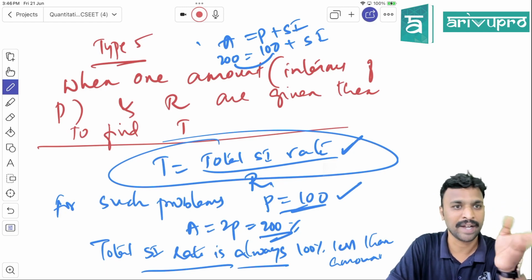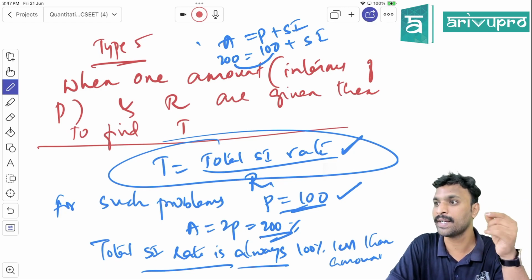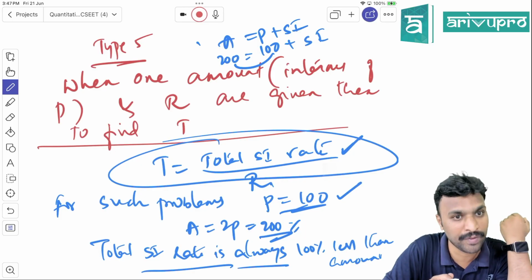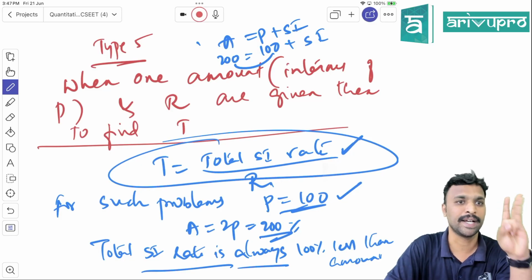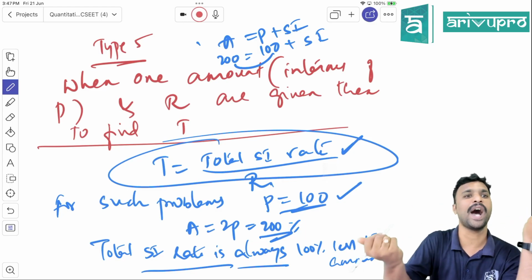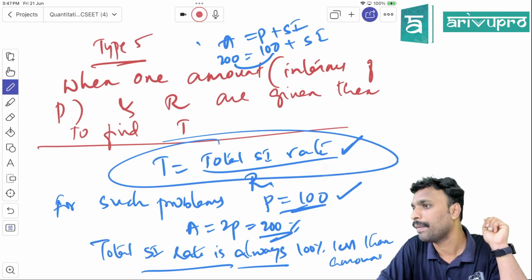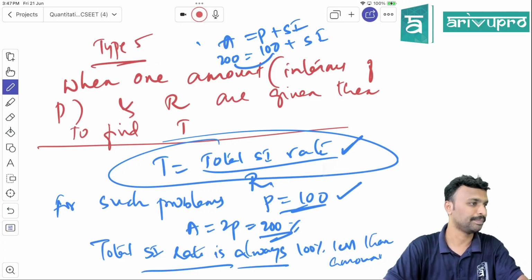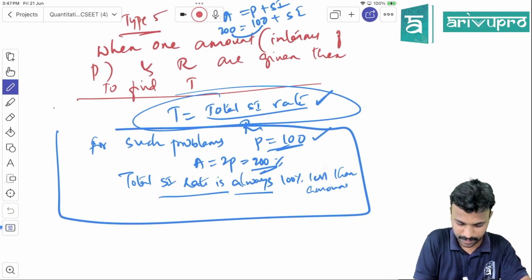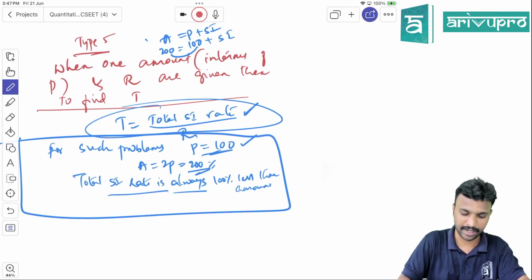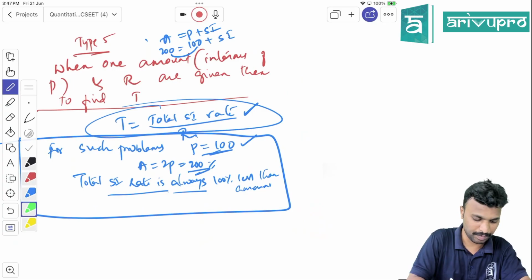Total SI will be 200% minus 100%. If they say a certain sum of money becomes 4 times itself, the amount is 400%. 400% means total SI is 300%. So you just have to divide that by R. That's it. Understood, everyone? Please take a note of this, and we'll take a question on this.